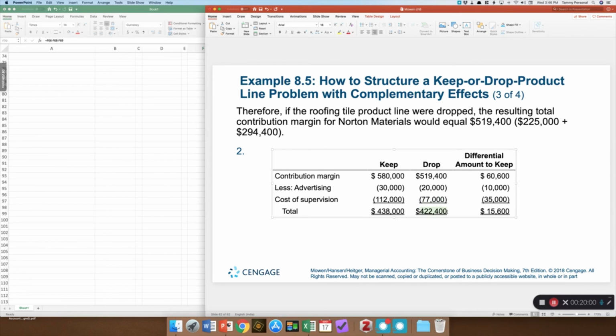Whereas if we keep the tile, we're going to have a total profit of 438. So that means that we are $15,000 to the good if we keep that product relative to dropping it, if dropping it means that our sales drop of the other products. Okay? All right, we're going to end this one here, and then we're going to go on to the next little twist in this kind of analysis.